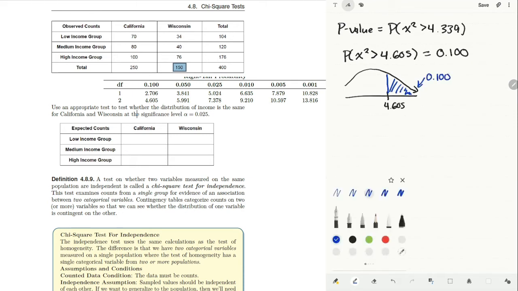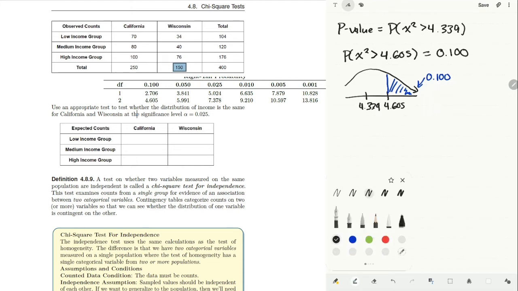So let's write down what the table gives us for the area. So the table tells us that the area to the right of 4.605 is equal to 0.1. And our test statistic is 4.339.